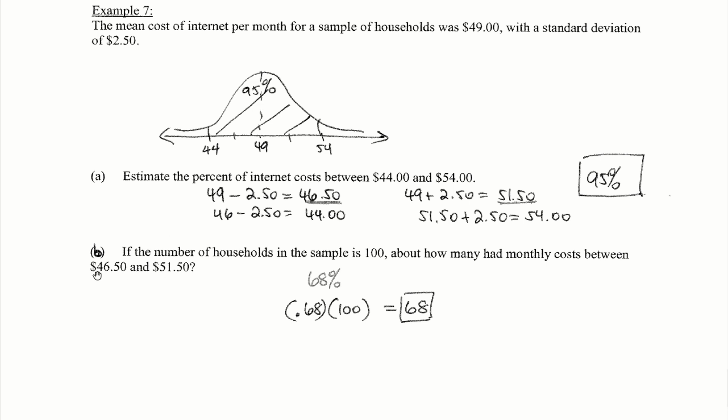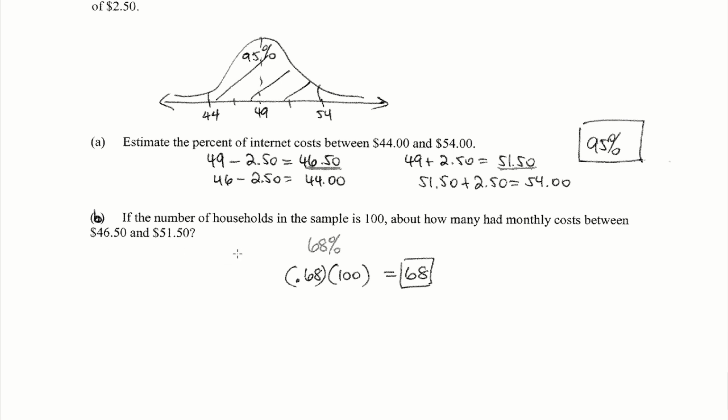So this range is one standard deviation to the left and one standard deviation to the right. That would be our 68% interval. So we would expect 68% of our sample, in other words, 0.68 times 100, or 68 values, to be between the two given prices.